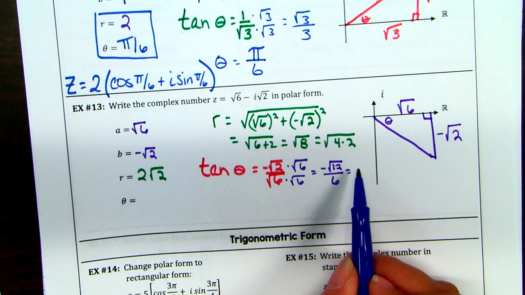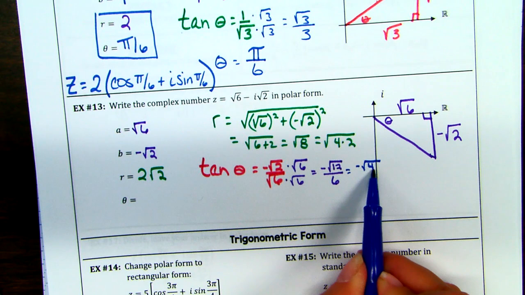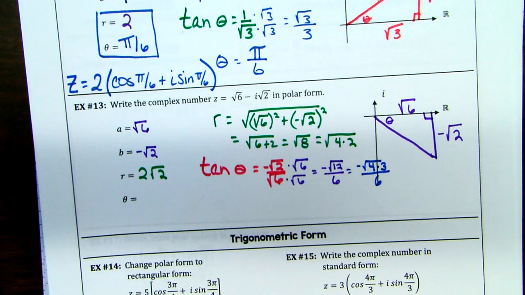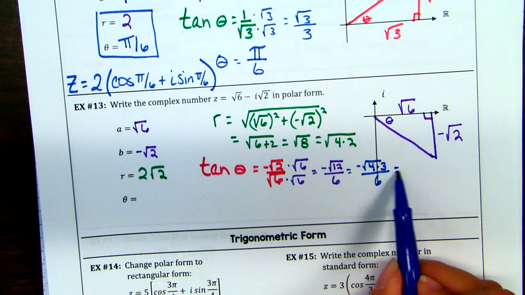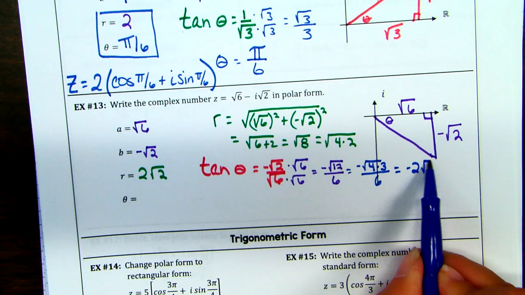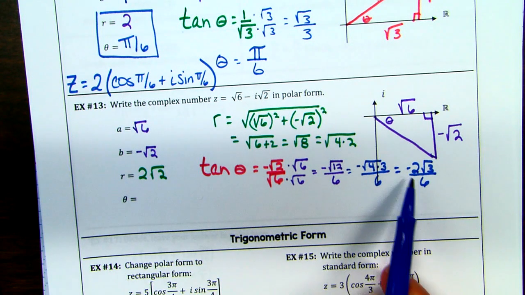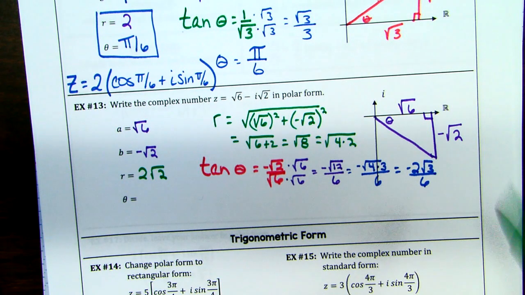I'm going to simplify the square root of 12, because it can be, because I still don't recognize this. There must be something else I can do. That's 4 times 3. The 4 comes out, becomes a 2. Still don't recognize it, but there's one more thing I can do. 2 over 6 is 1 over 3.